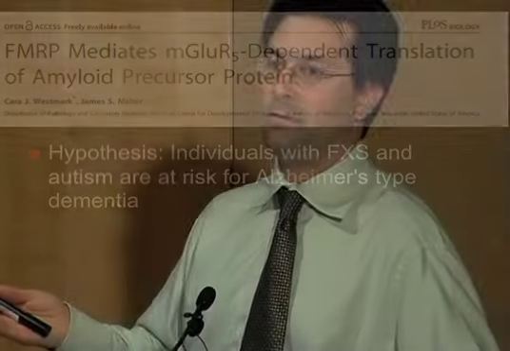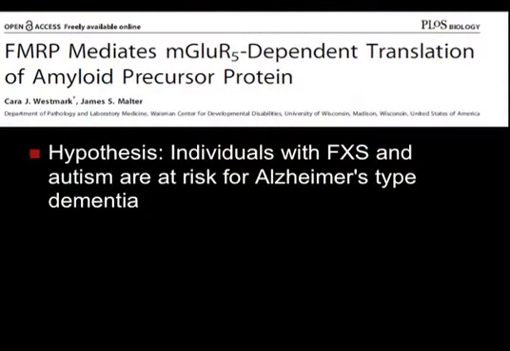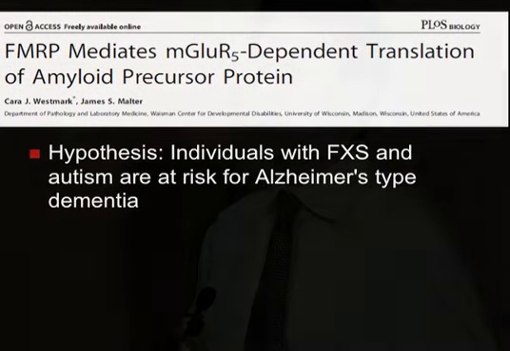So the simple way of saying it is, when FMRP is deficient, APP goes up. So our hypothesis, which we're now hopefully going to explore in a new study that we've proposed, is that individuals with Fragile X and autism are at increased risk for Alzheimer's type dementia as they age.